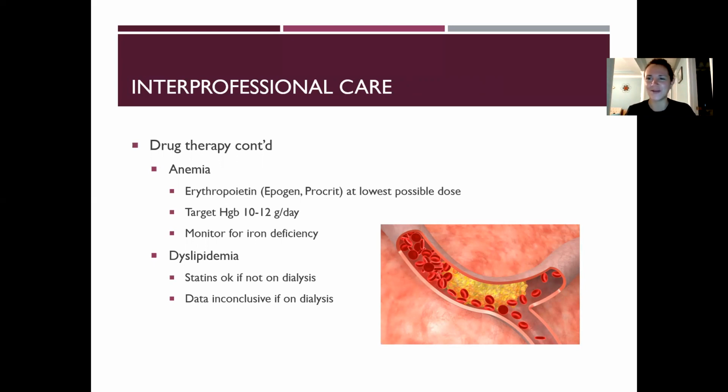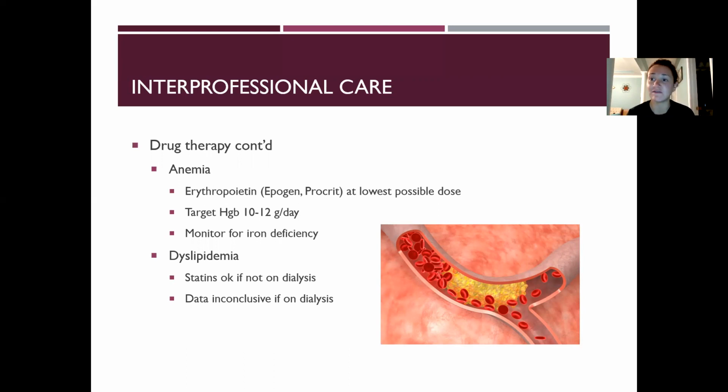So of course, normal hemoglobin is 12 to 16 or 12 to 18, depending on what book you read. We want them on that lower end of 10 to 12, which is a very tolerable level for a lot of people. That's a very stable anemia. And then monitor for iron deficiency and give iron if needed.